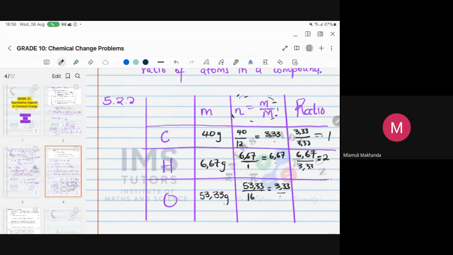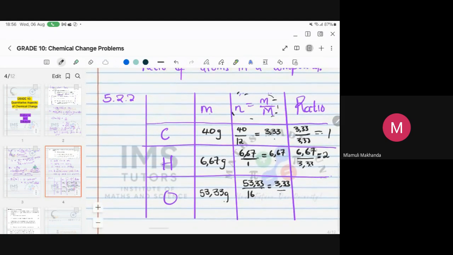Remember the rule says, if you have 2.5, for instance, you'll estimate this to be 3. If you had 2.4, you can estimate this to be just 2. You always round it off to the nearest whole number.